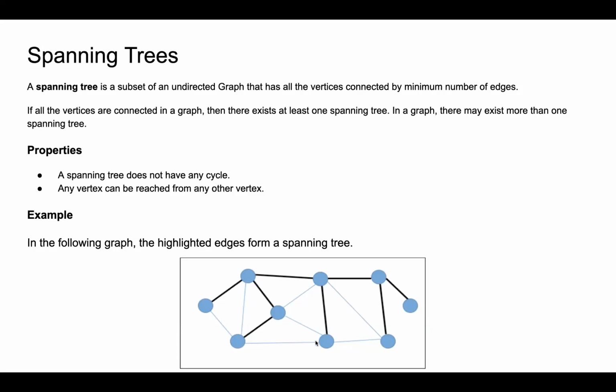Same case, if we take this edge, then again it forms a cycle. If this edge is taken, again it forms a cycle. So it will not be a spanning tree.